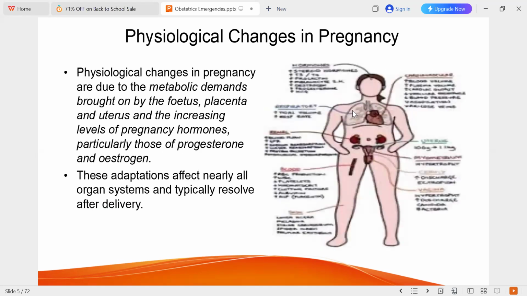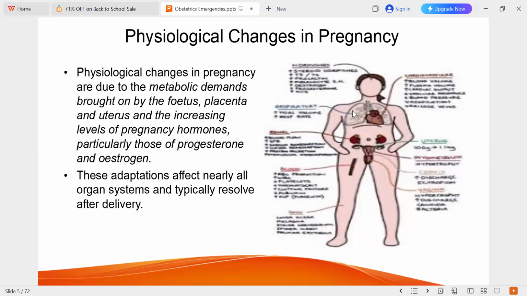So we just remind ourselves, we can't be talking about obstetric emergencies without looking at the physiological changes brought about by pregnancy itself. These physiological changes are due to the metabolic demands brought on by the presence of the fetus, the placenta, and the uterus, and due also to the increasing levels of pregnancy hormones, especially progesterone and estrogen.